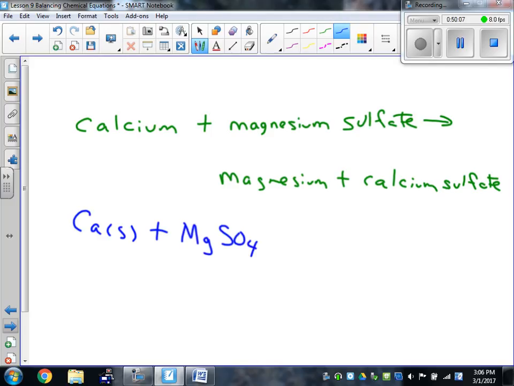Now, ionic compound, yes, magnesium sulfate. Magnesium is a 2 plus, but remember, sulfate is a 2 minus. So we will swap and drop and reduce. Okay, 2 plus, 2 minus, we'll leave it alone. 2, 2, but really it's 1 and 1, isn't it?